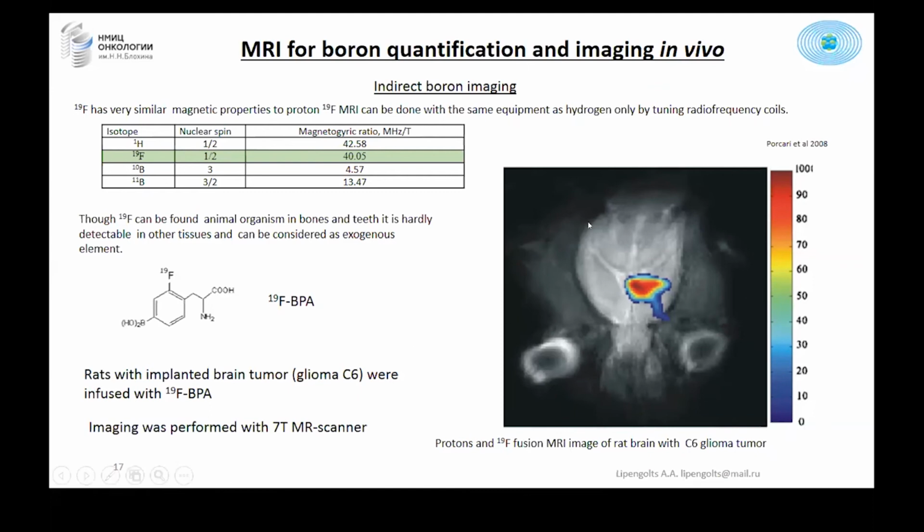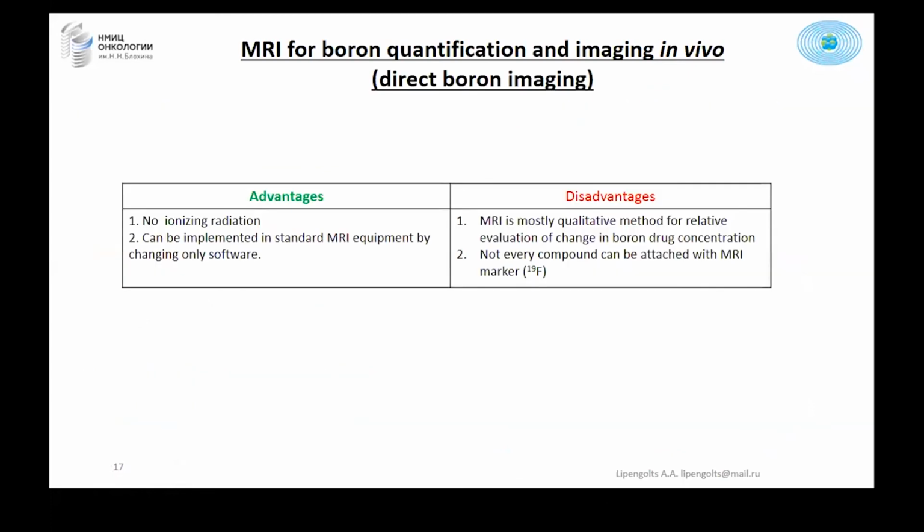This image was obtained with a 7 Tesla MRI scanner, a scanner for animals. The only change is in the data acquisition protocol and tuning the radiofrequency coils for fluorine-19.